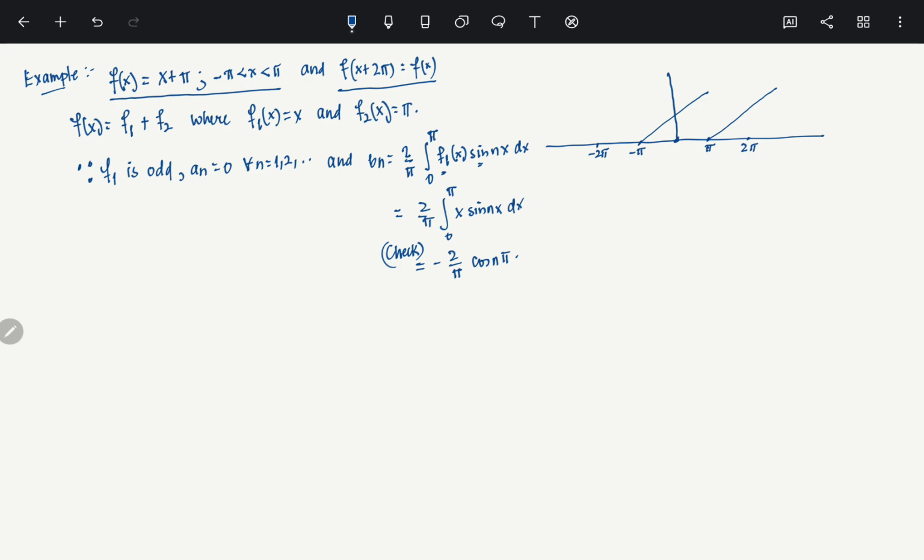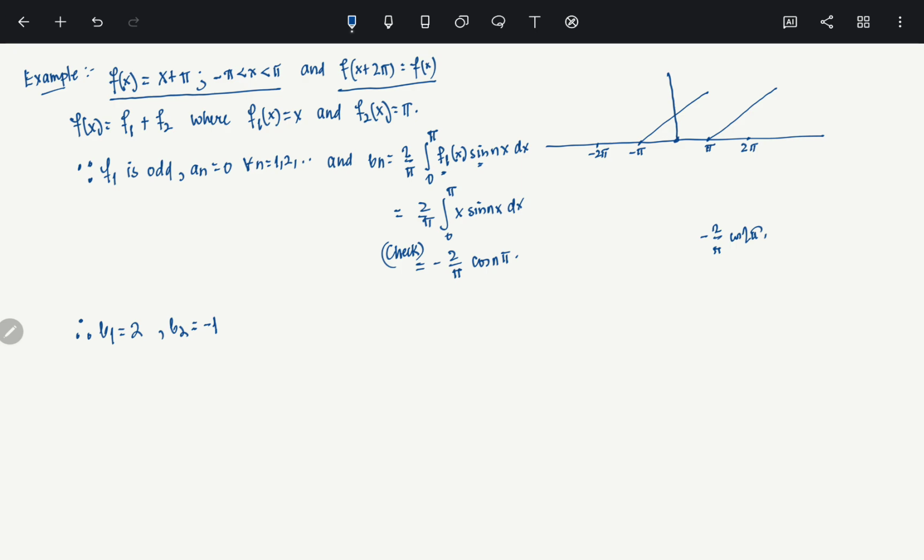Okay, right. So therefore what happens to b1? b1 is going to be 2. See, n equals 1, 2, right? And b2 is going to be minus 1, right? See, it is minus 2 by pi, yeah, and then cosine 2 pi. Yeah?